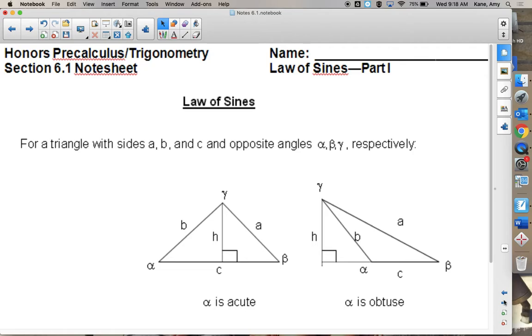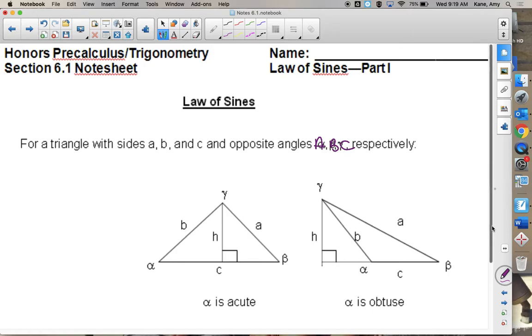The information above says for a triangle with sides A, B, and C and opposite angles, I'm just going to change these to A, B, C as well, so they match. But it is trig, so trig uses all of the Greek letters in a true definition.